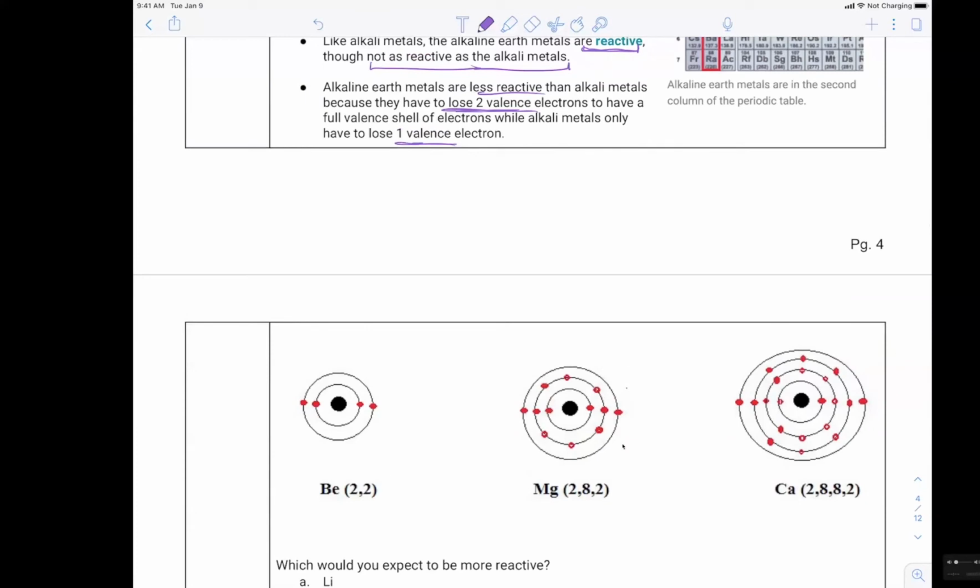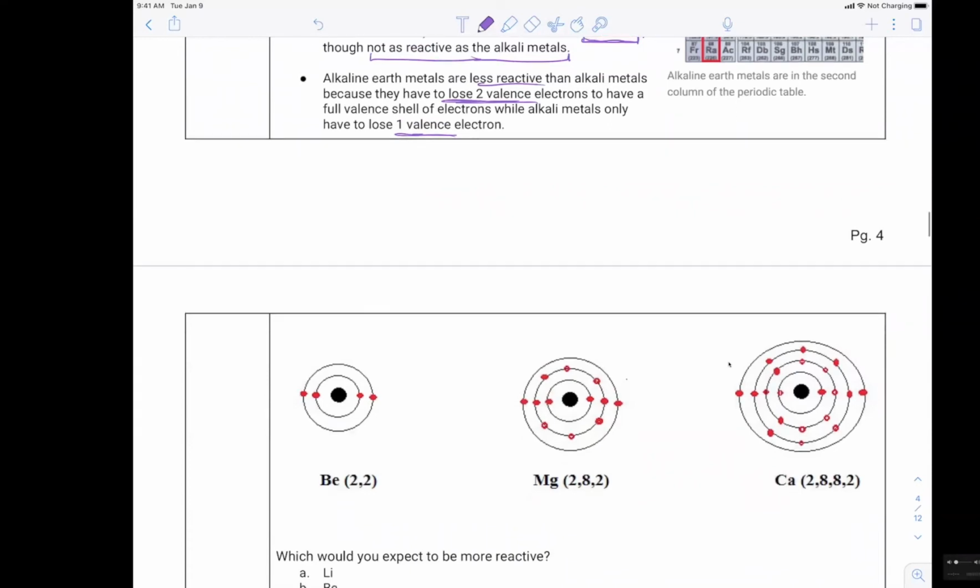To move down to the preceding layer with a full valence shell, for beryllium, if we just lose these 2 electrons, it'll have a full valence shell. Same thing with magnesium, and same thing with calcium. All these alkaline earth metals behave the same way: lose 2 valence electrons to get a full valence shell.